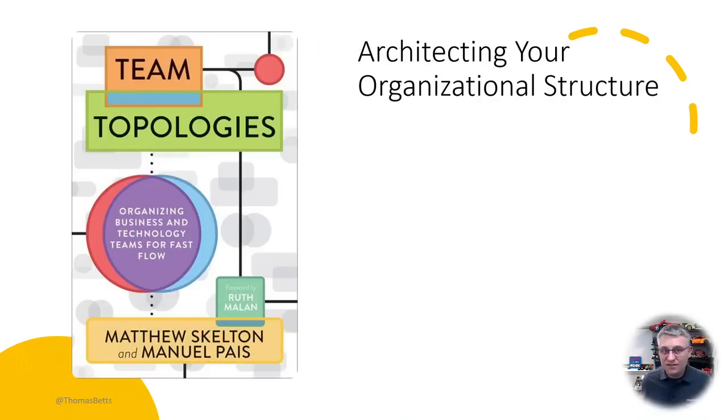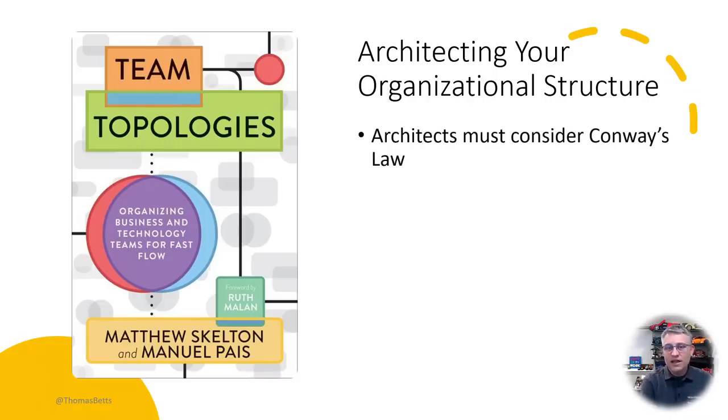Now, architects in this day and age can no longer just focus on technology. You have to understand the socio-technical concerns, and that's another way that we have to be adaptable. Team Topologies embraces the idea of Conway's Law and describes 4 ways that teams should be organized. Those are the 4 topologies. Architects need to either accept the organizational structure and architect their systems to align with that org structure, or they have to perform a reverse Conway maneuver, restructure the organization to align with the desired architecture.